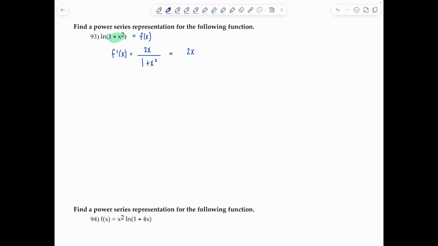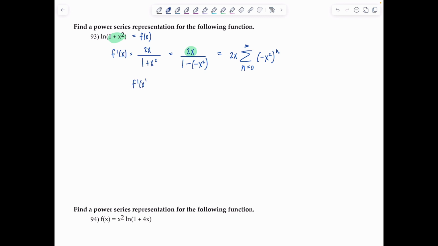Now let me find a power series representation for this function. So I want to rewrite the denominator as 1 minus something, which in this case is negative x squared. So my power series representation is going to be the sum n equals 0 to infinity, negative x squared to the n. And then since I have this extra 2x, I'm going to multiply by 2x. Good? Okay, so let's clean up.